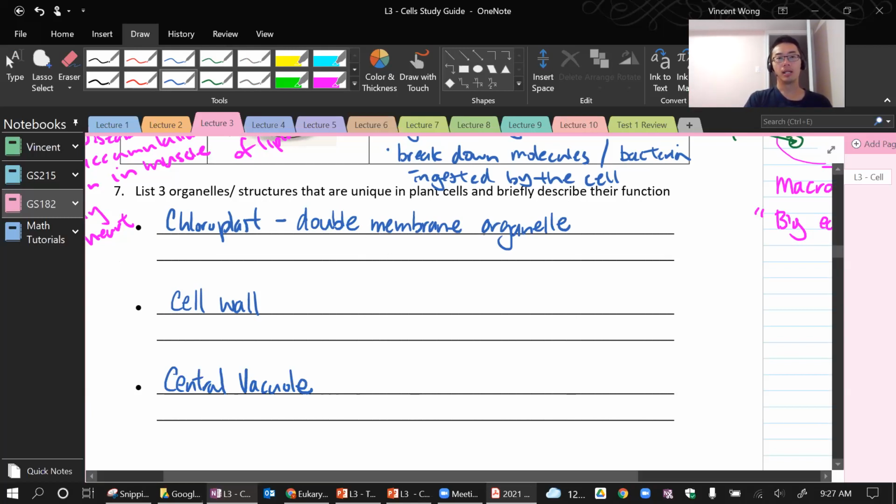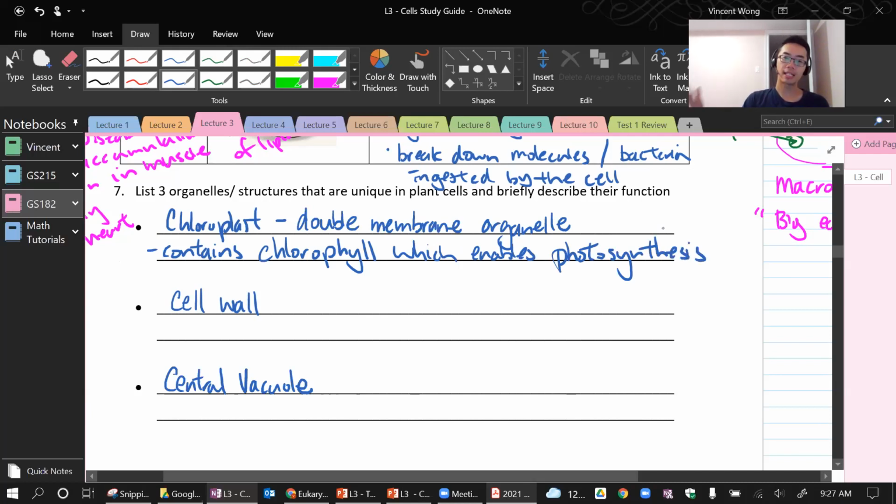It's a double membrane organelle, and it contains, very importantly, embedded within the membranes, chlorophyll, which enables photosynthesis.